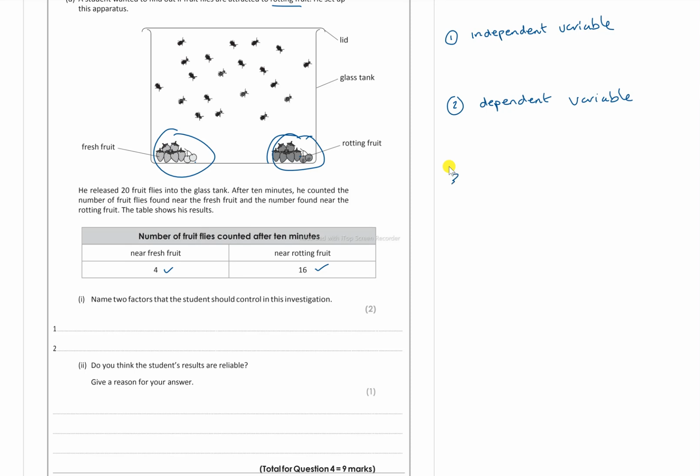And then the third one is something called a control variable. And you use this to make sure all the other conditions are the same to make the test fair, or even to give you confidence that the one variable you're changing is causing the overall change in the results.